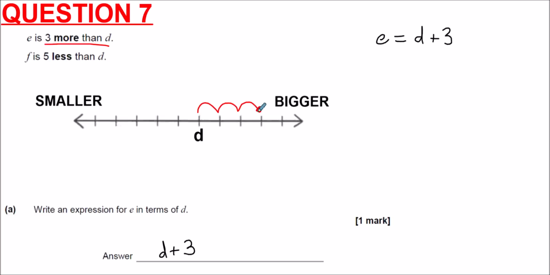So E would be here. So whatever D is, E is just D plus 3 along.